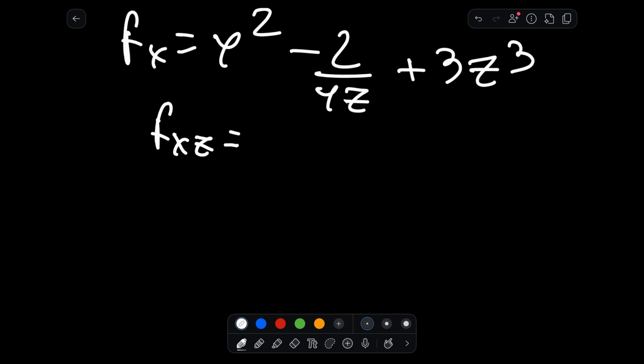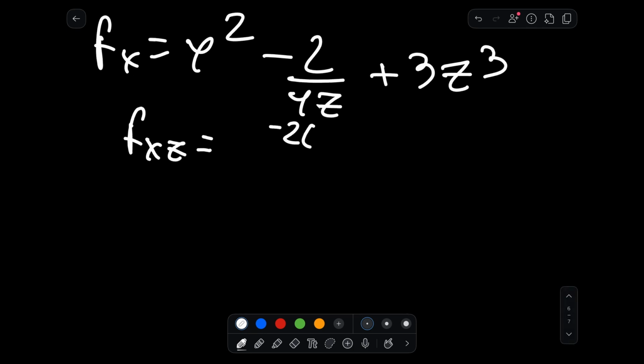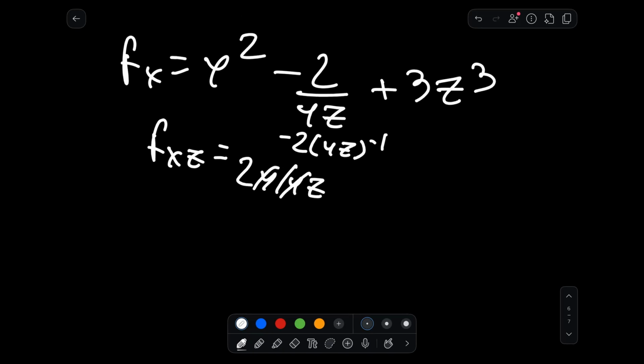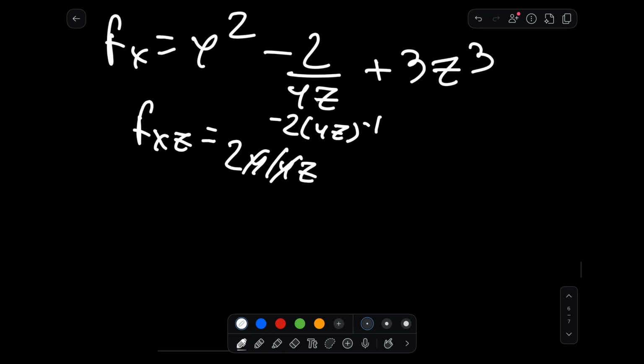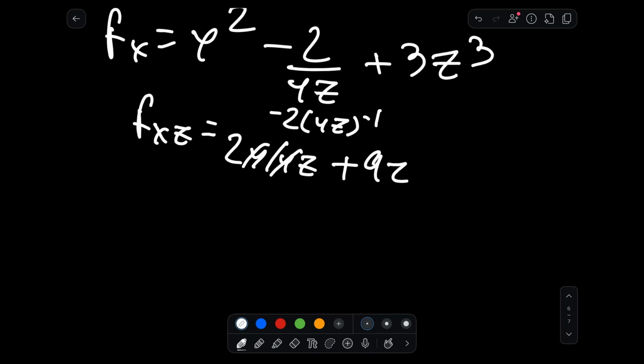And this is going to be, we can just write this as negative 2 yz to the negative 1. Take the partial of that with respect to z. We're going to get 2y over yz, which is just 2 over z, I believe. And then we're going to get plus 9z squared for that.